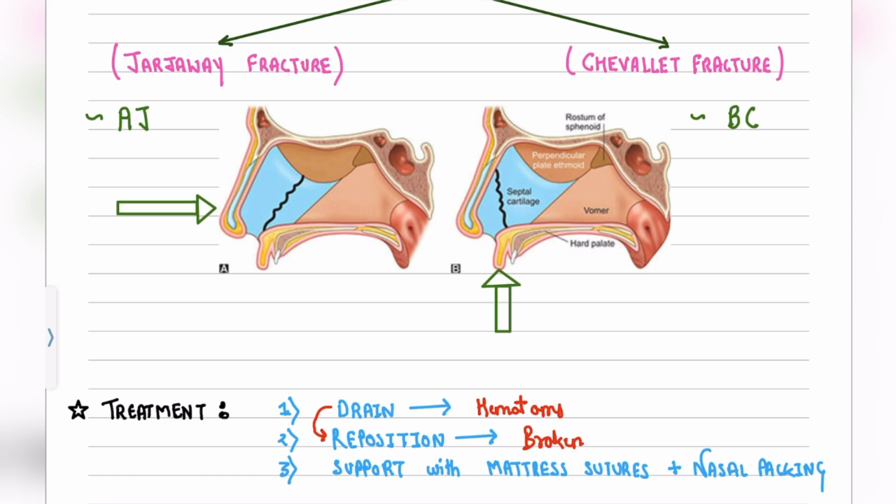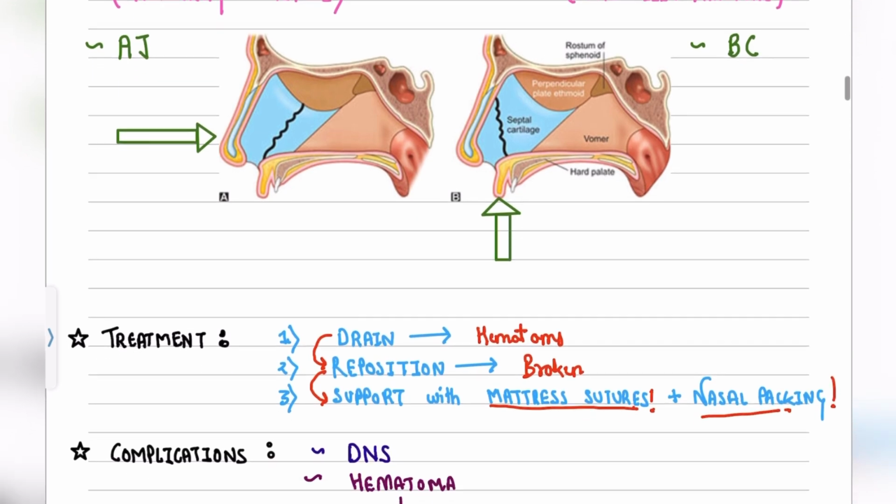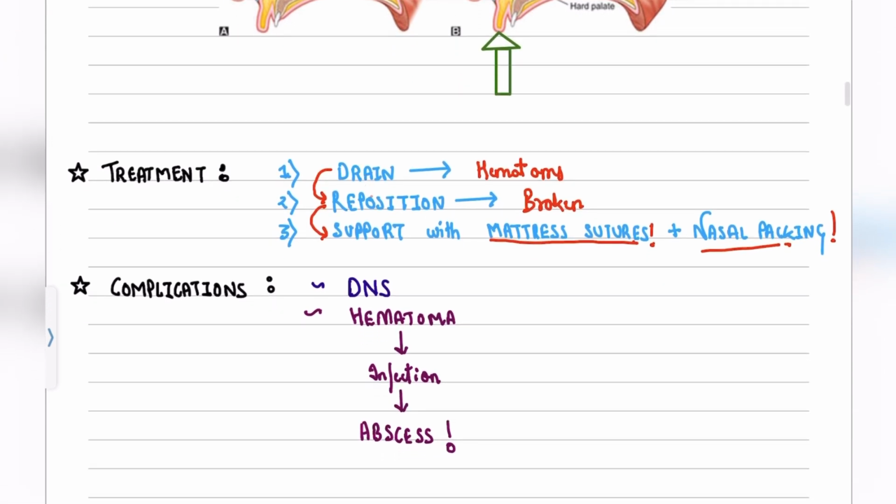If there are any broken fragments of nasal bone or of the septum, we will immediately reposition them. And finally, after repositioning, we will support the nasal cavity and the septum with mattress sutures as well as nasal packing. First we will drain, then we will reposition and finally we will support.